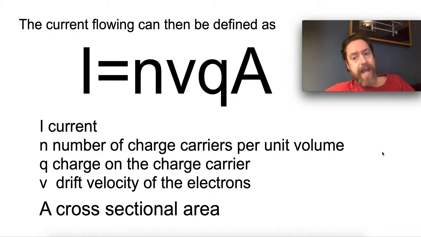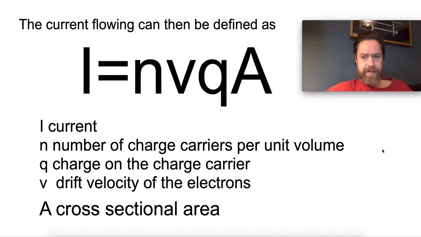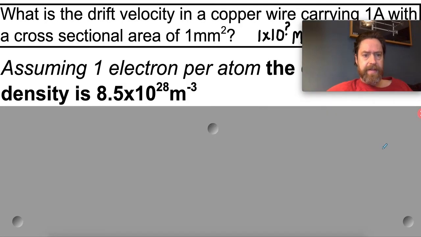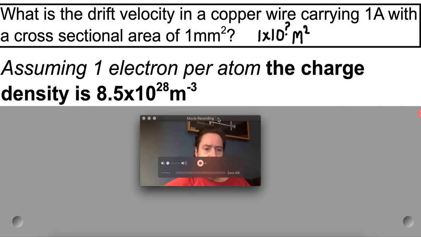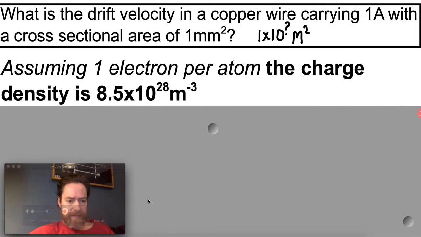Okay, now that's done, what we can do is find out how fast these electrons are moving in the wire. So I've got a little challenge for you. Right, this is your final task for today. What I'd like you to do is find out the drift velocity in a copper wire that's carrying 1 amp if the wire has got a cross-sectional area of 1 millimetre squared.